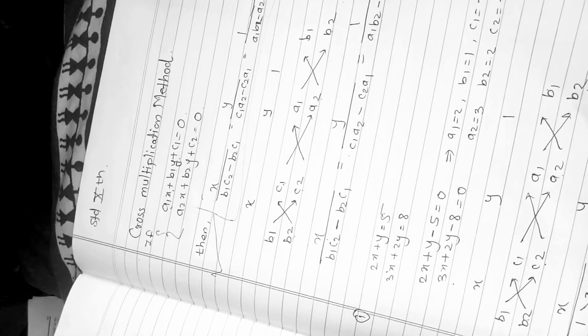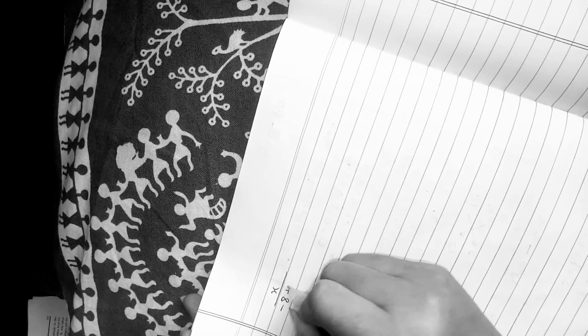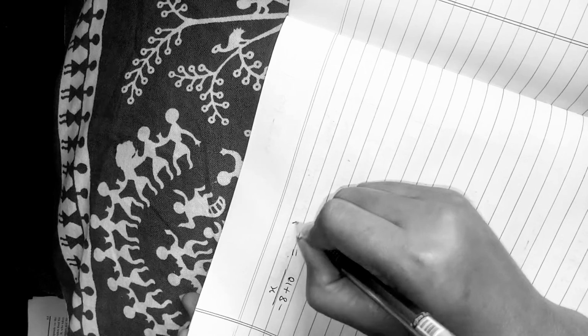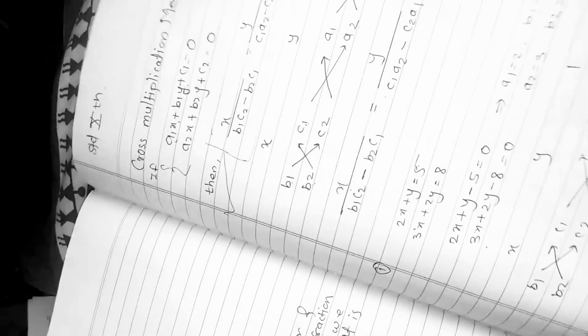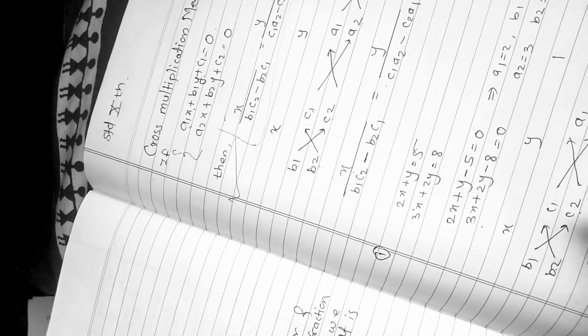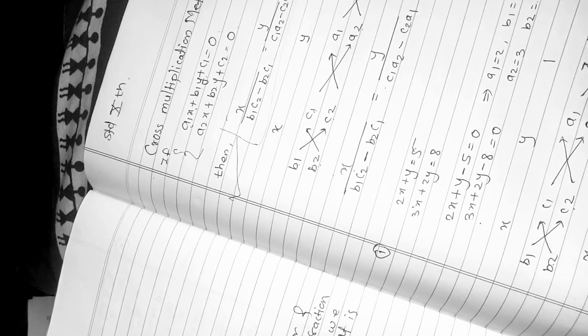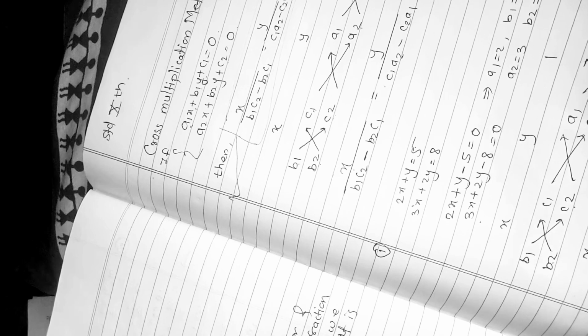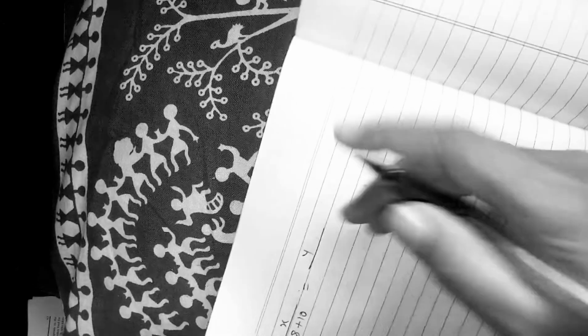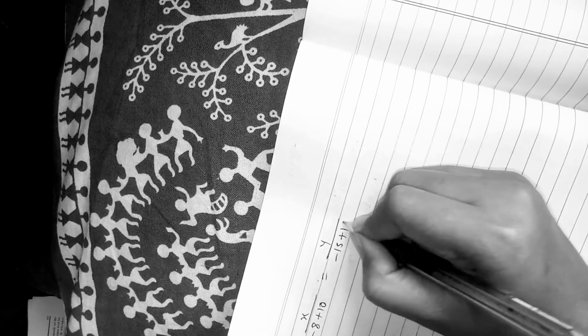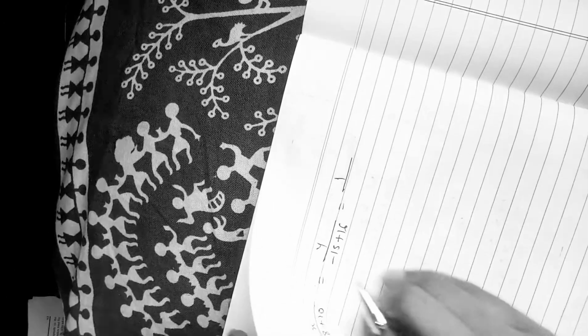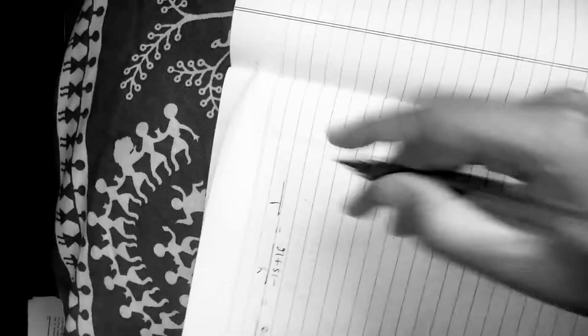So x over the sign is minus 8 plus 10 is equal to y over, here minus minus plus, minus 15 plus 16, and 1 over 4 minus 3.